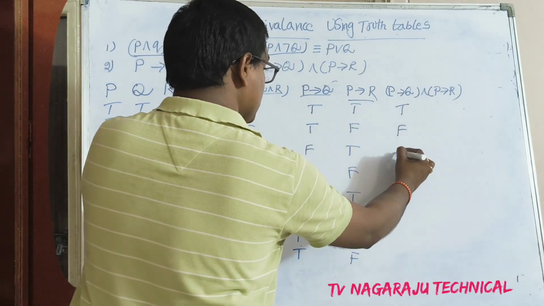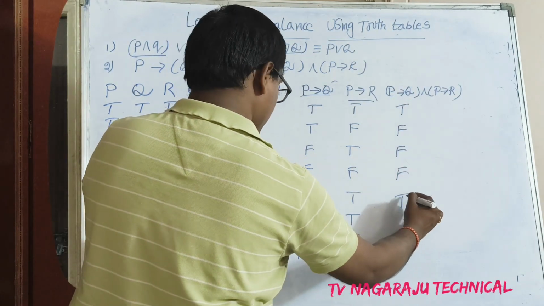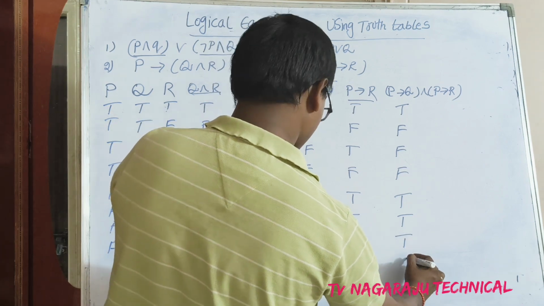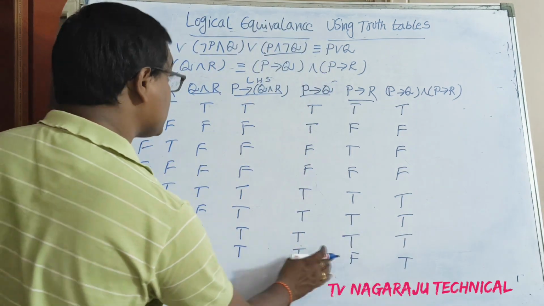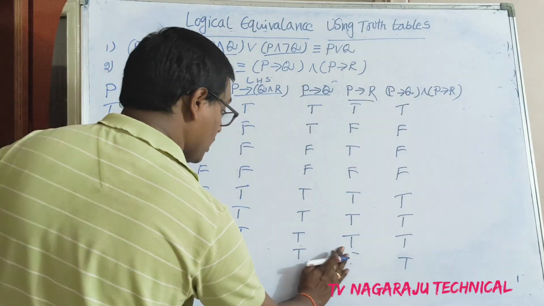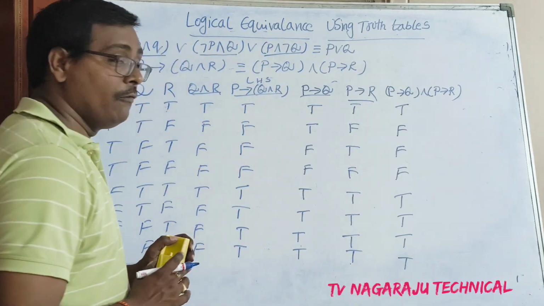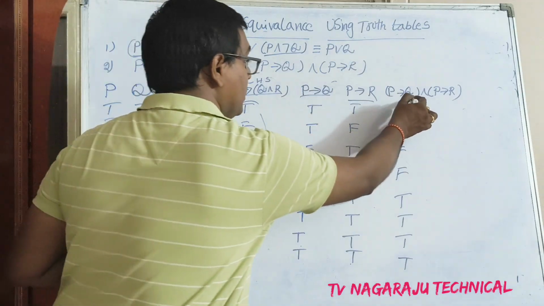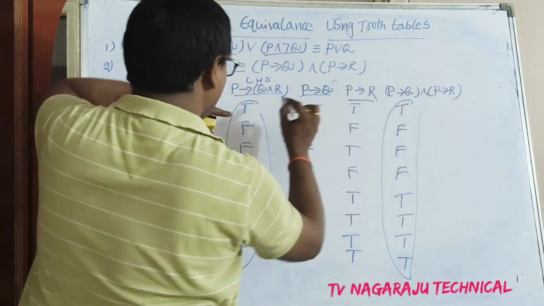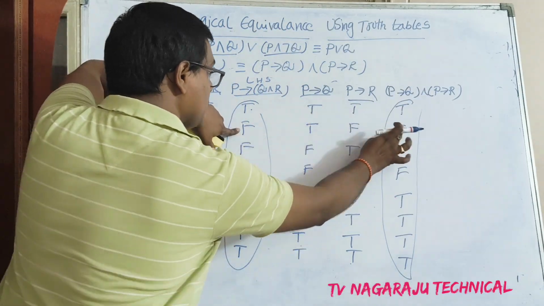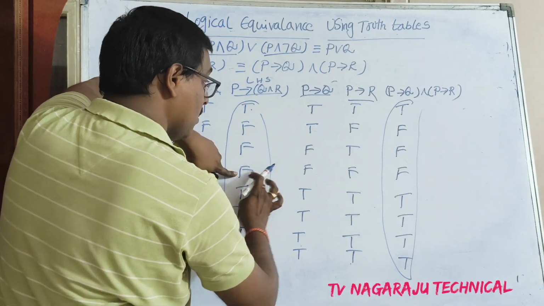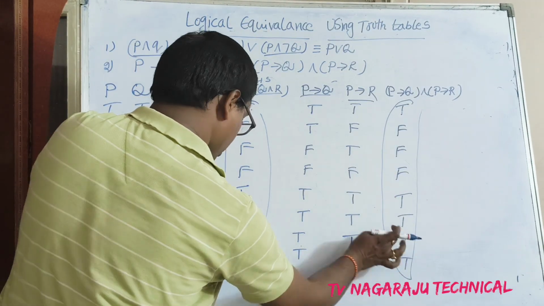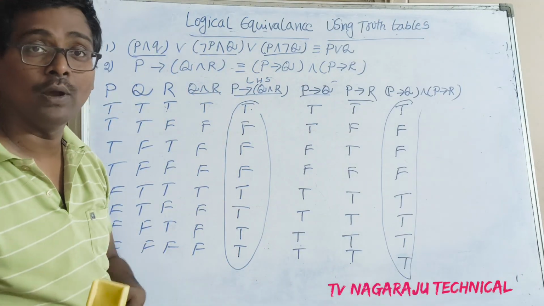The result is true, true, false, false, false, false, false, false, true, true, true, true, true, true, true, true. Now if you observe carefully, this is my LHS and this is my RHS. Got it?